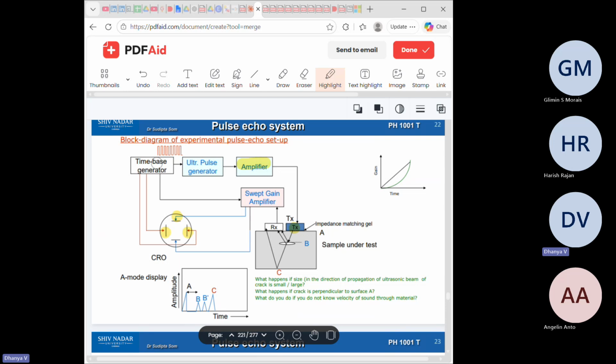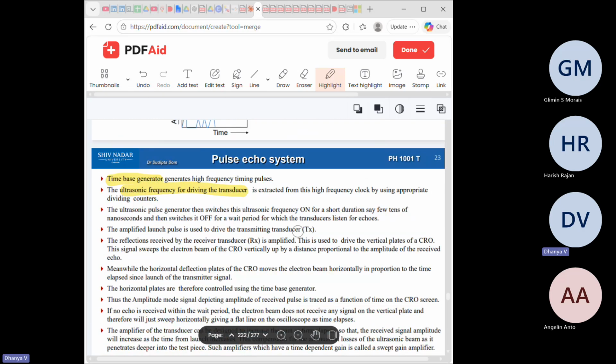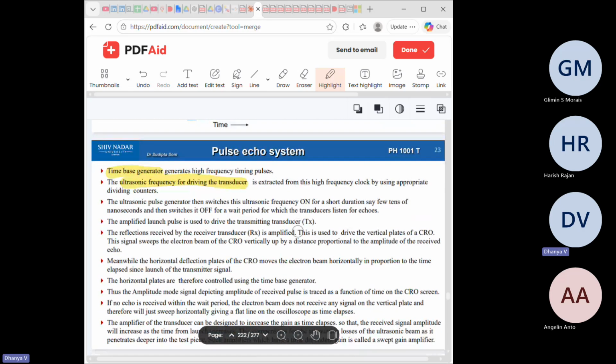First you talk about the time-based generator, which is the clock of your entire setup. Then the ultrasonic pulse, it keeps on for some time and off for some time. And then you talk about your amplifier also. That is your first 4 points. It's all from your diagrams.